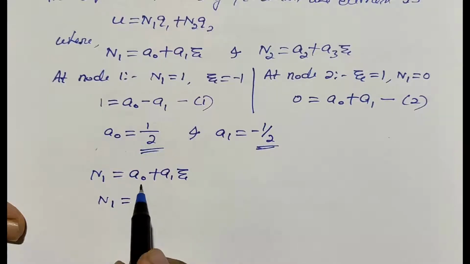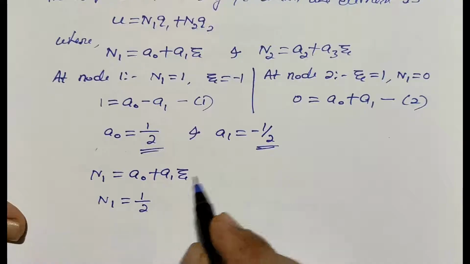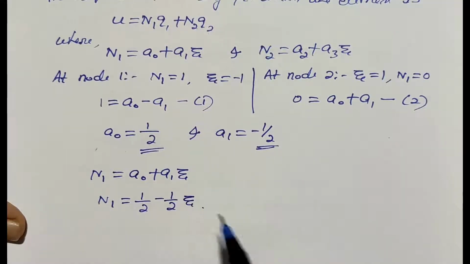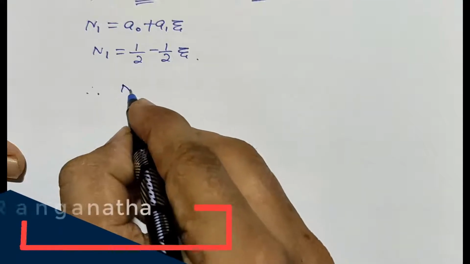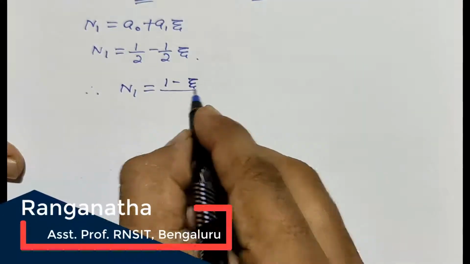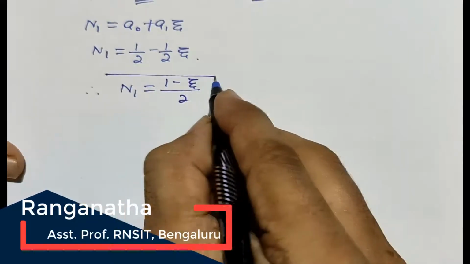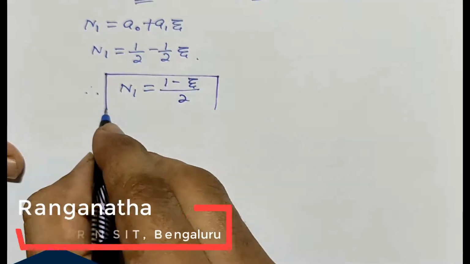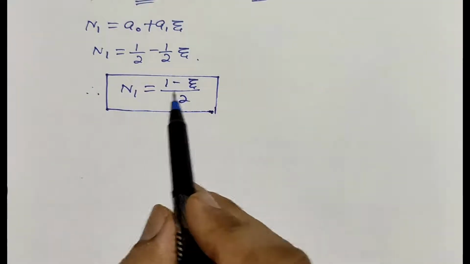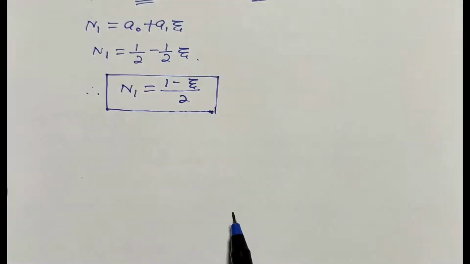N1 is equal to A0 is half, A1 is minus half into zeta. Therefore N1 is equal to 1 minus zeta by 2. This is the shape function N1. N1 is equal to 1 minus zeta by 2.